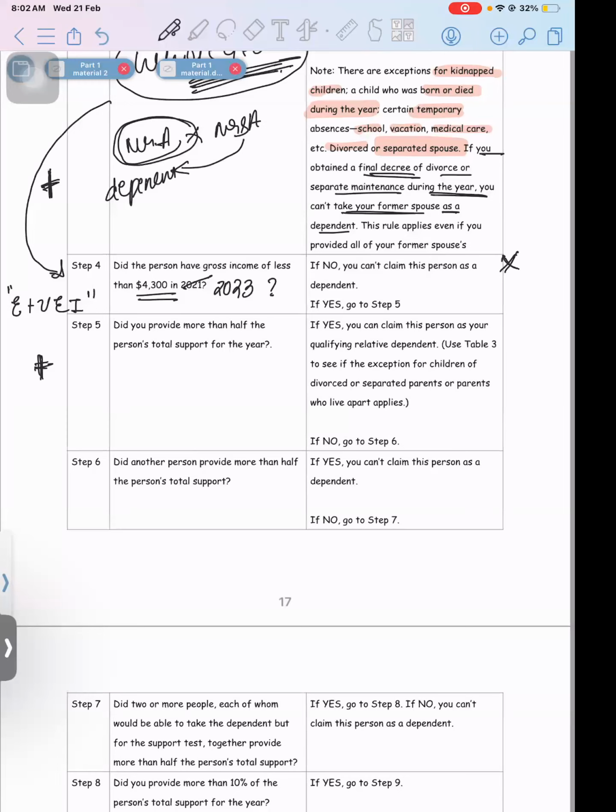All of that unearned income plus earned, all total you have to take into consideration. That should be less than $4,300. Okay, if no, like if it's more than 4300, you can't claim that person as a qualifying relative. Clear, guys?